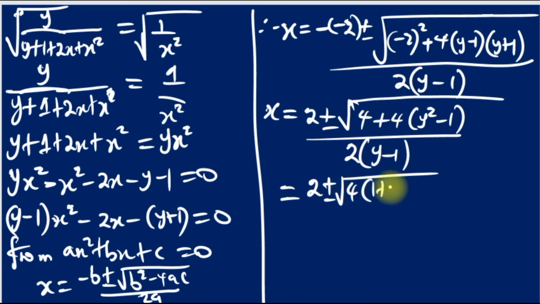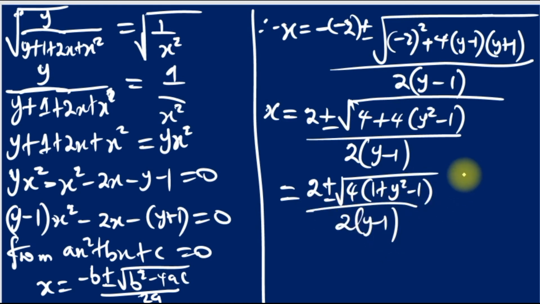We now have 1 plus y squared minus 1, over 2(y minus 1), which is 2 plus or minus the square root of 4, which is 2. 1 minus 1 is 0, remaining y squared. Square root of y squared is y.